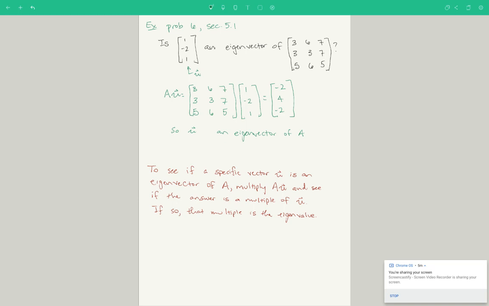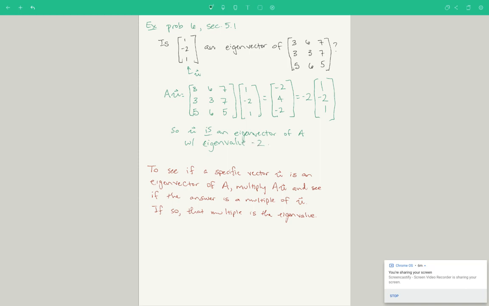Well, 1 would have to be multiplied by negative 2 to get to negative 2. So let's try negative 2 as something we pull out. If we pull out a negative 2, we get 1, negative 2, and 1. Great, that worked. So u is a scalar multiple when we multiply it by A, which means that u is an eigenvector of A, and its corresponding eigenvalue is going to be the negative 2 that we pulled out.